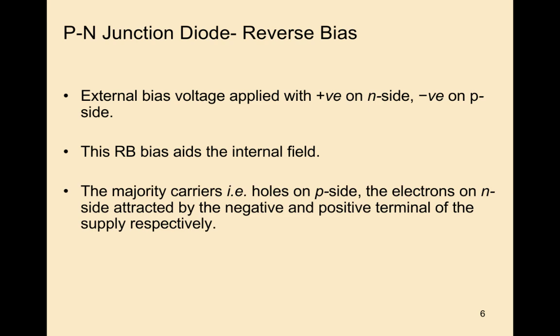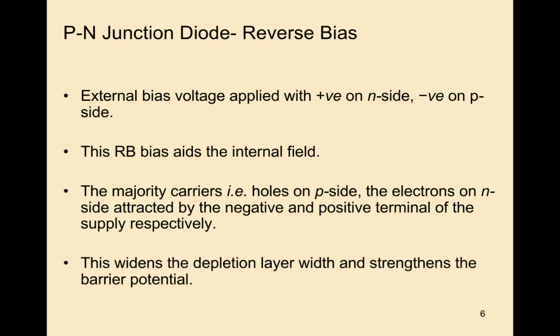The majority carriers, that is holes on the P side, are attracted by the battery negative terminal, and the electrons on the N side are attracted by the positive terminal of the battery. So by the attraction force, the depletion layer width increases and the potential barrier is strengthened.